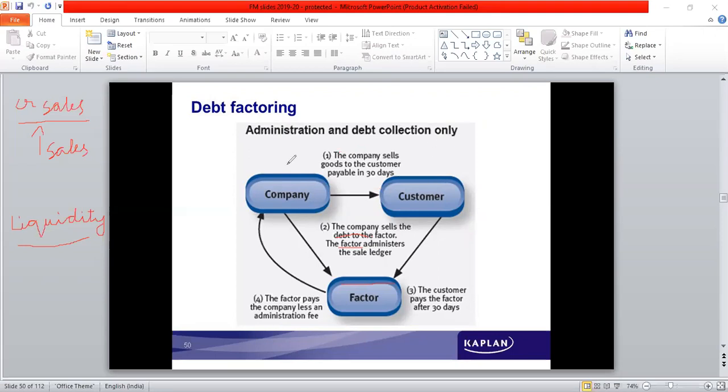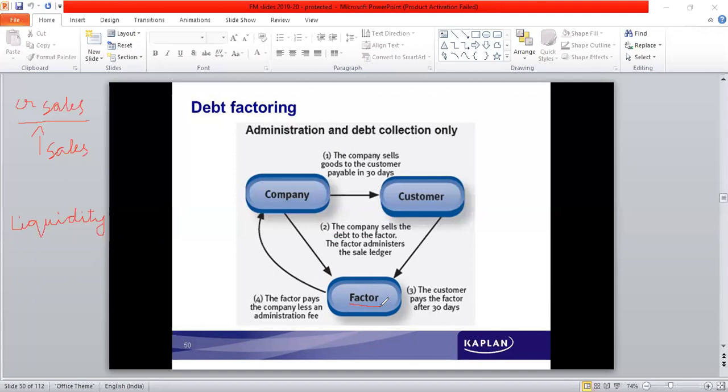The first transaction is the same, but after that there is a third party called a factor. The factor is an external third party, in the business of providing funds to the company.